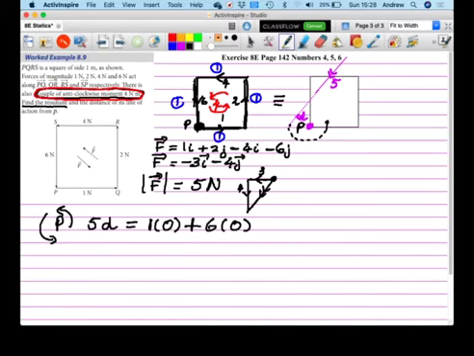Now, for the 2, it has a perpendicular distance of 1. It is also spinning in the same direction as my defined arrows, which I've now defined as being my positive direction for this problem. So it's going to be 2 lots of the perpendicular distance, which is 1. So it's plus 2 lots of 1.